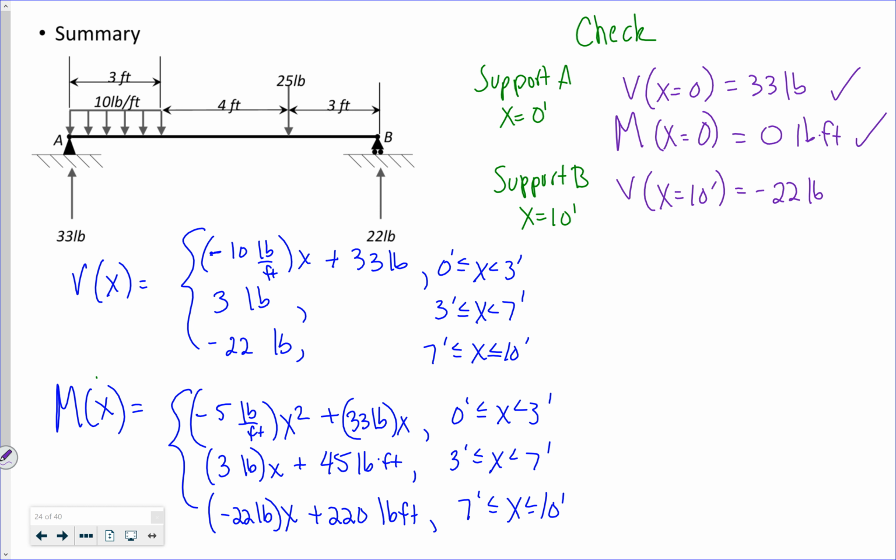Which makes sense because I have my 22 pound reaction right there. And my moment at x equal to 10 feet is minus 22 times 10 plus 220, 0, which is also good because that's a roller.